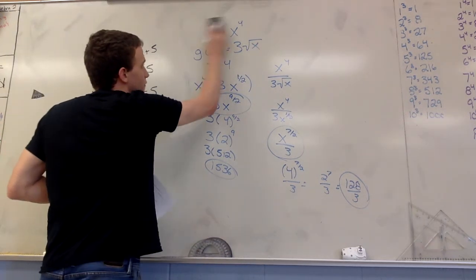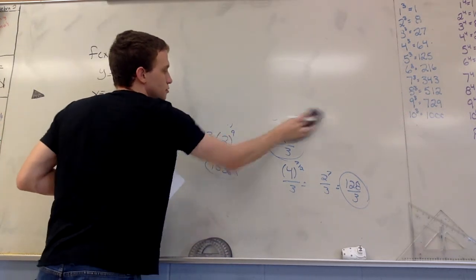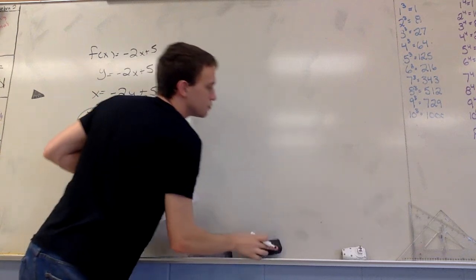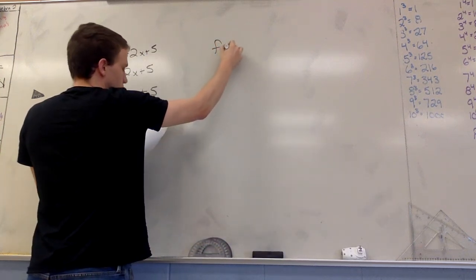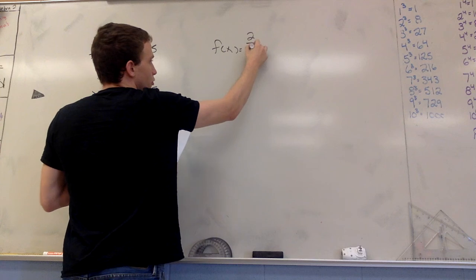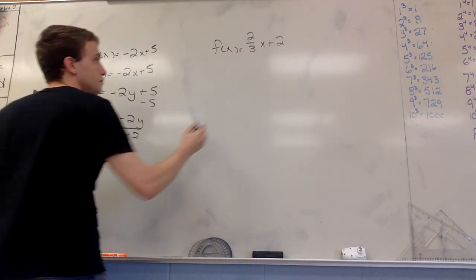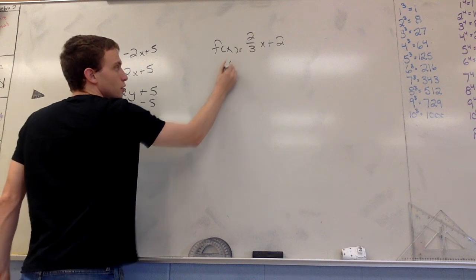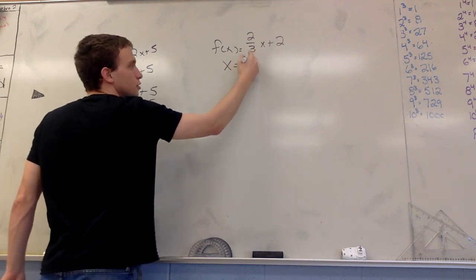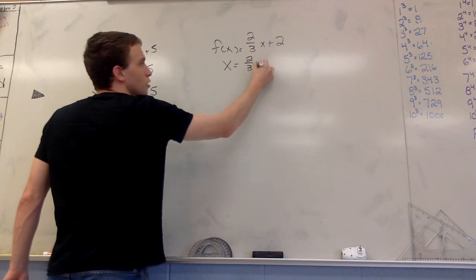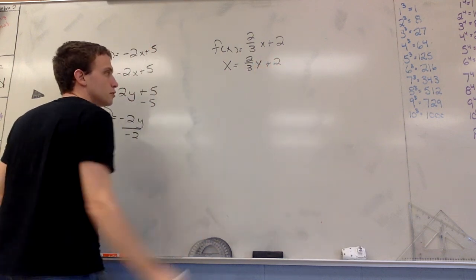The last one is f of x is equal to 2/3 x plus 2. So when I flip them, what do I get? X equals 2/3 y plus 2. What do I do first?